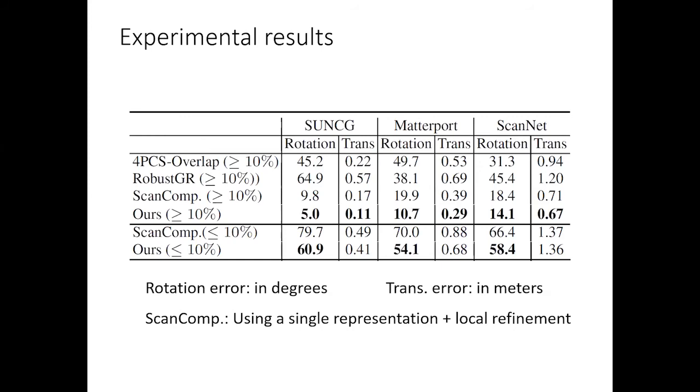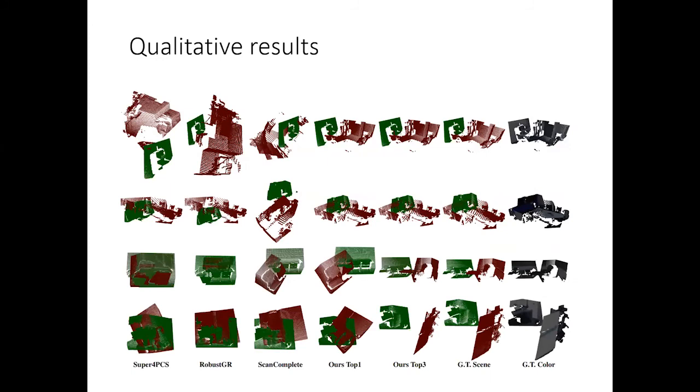Those are some of the qualitative results. This row is the result of using a single representation to do the completion, and then these are the top 3 and top 5 results.